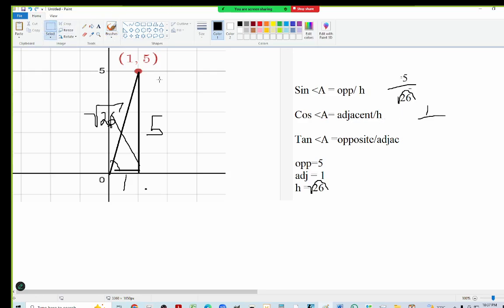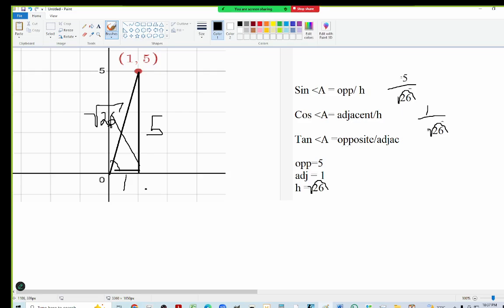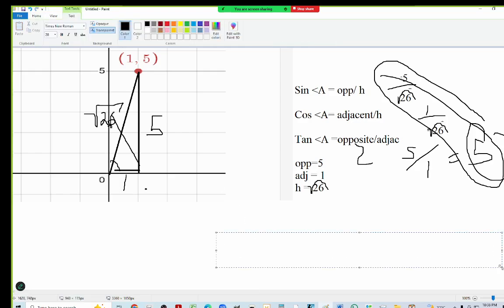And the last one, tan, is the opposite side, 5, over the 1, which is the same as just 5. So we would just answer 5. These are the three major trig ratios of this particular triangle. We're done. The tough part here is memorizing this: SOH CAH TOA. Once you memorize that, you're set.